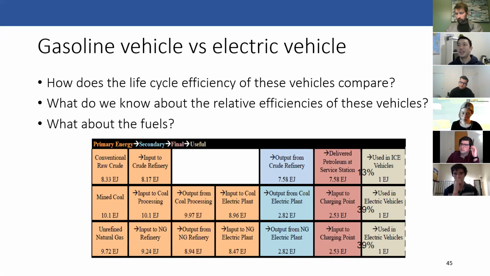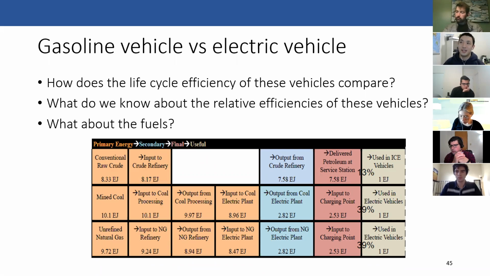There are some other things happening in between, but compare that to an electric vehicle where the electricity input is 2.53 exajoules, and then you get this 1 exajoule useful out of it. And what you'll see is that the electric vehicle is like 3 times more efficient than the gas car.